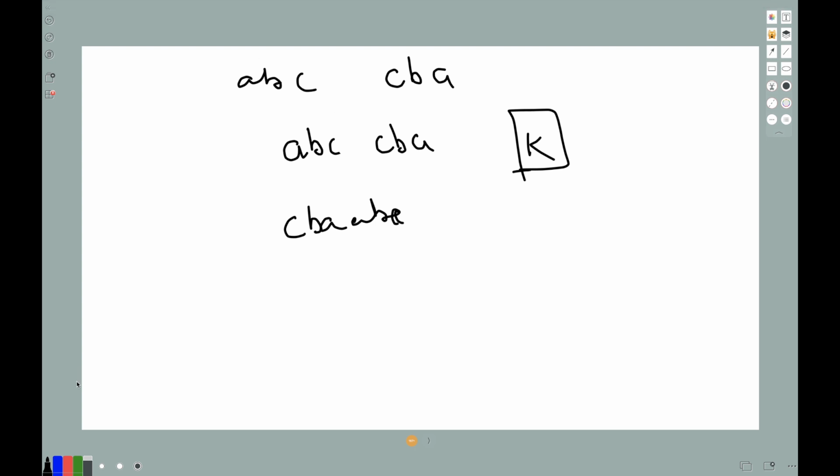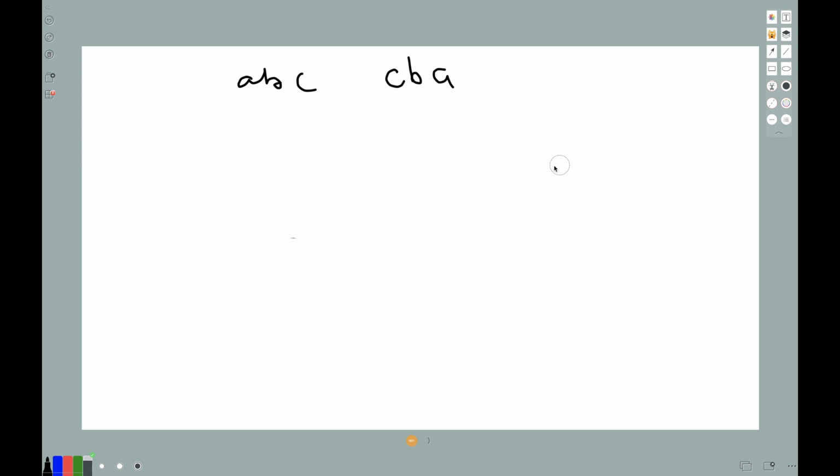So first of all, let's see what kind of symmetry there is in this operation. Since we are concatenating the reverse, let's see if there's any symmetry with the palindrome. If this was a palindrome, then its reverse would be the same.